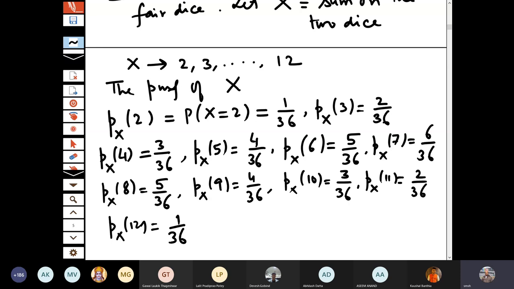This is a complete description of the probability distribution of this random variable X here. And I hope it is very clear to all of you, because this problem you already know, tossing of dice. So it is just the conversion into the probability mass function. So it must be clear to all of you.